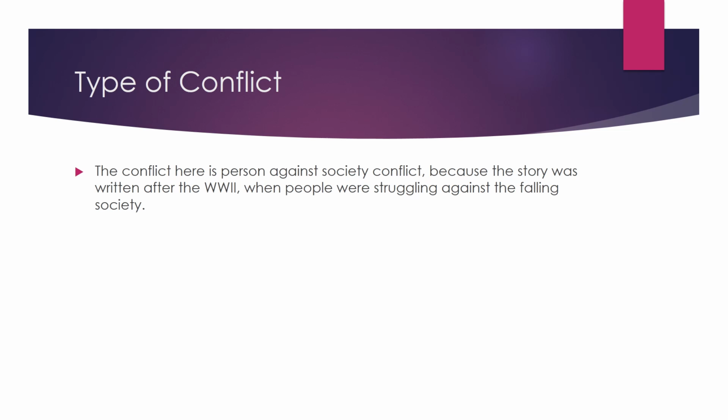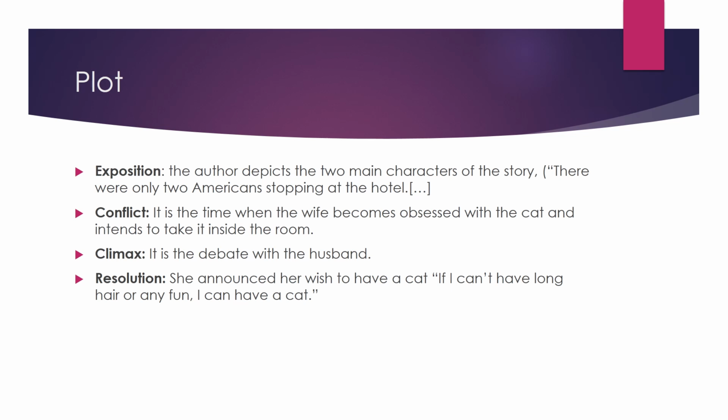Again, of course, you as a reader may have other ideas concerning this type of conflict, but according to my understanding, we have this type of person against society conflict because the woman is struggling with the society to become like the society, because otherwise she would be critiqued and criticized or even rejected from the society, because it was such a capitalist, materialist, industrial society.